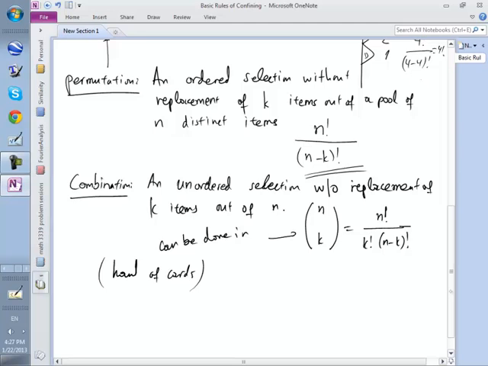You have to select at least one item to make a selection. You can't select 0 items. Select means I do something. And k means when I select out of the group.